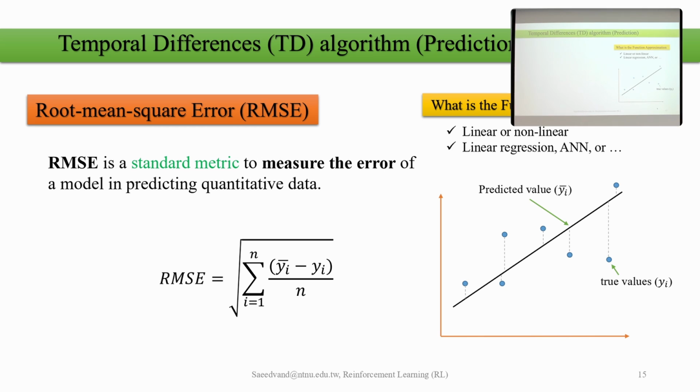After having the data, we can have a linear or nonlinear approximation function that approximates this data for us. What does it mean? Who knows, who doesn't know what it means? Everybody knows?